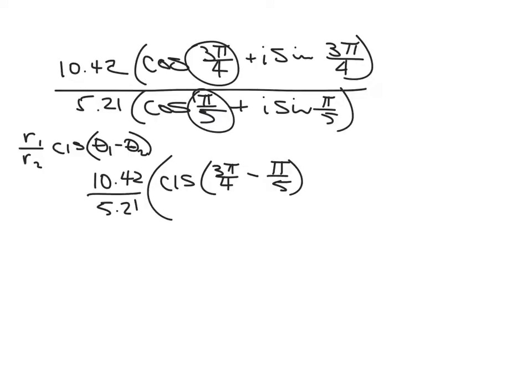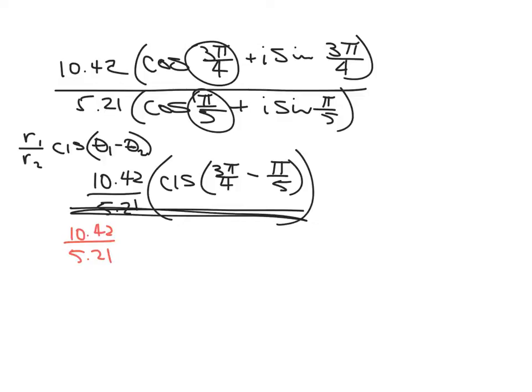Alright. And then we can expand that right there into 10.42 over 5.21. And let's go ahead and write cosine, put this in braces, of our difference.